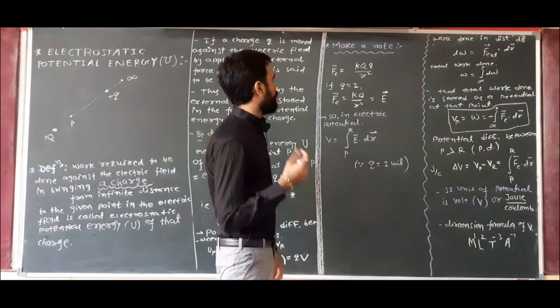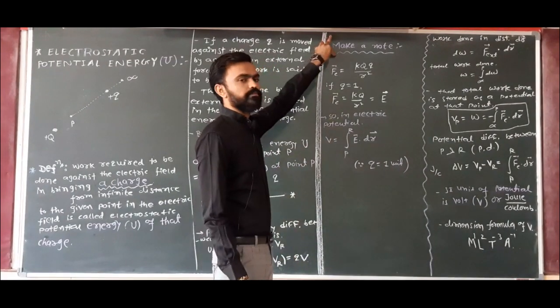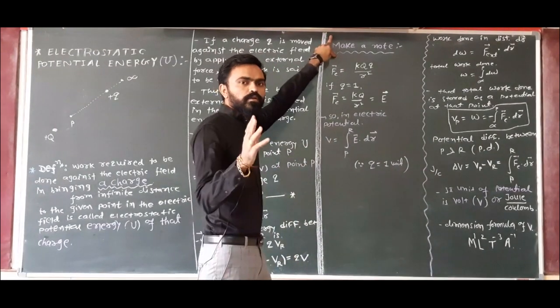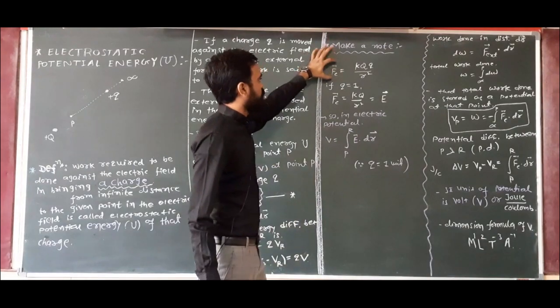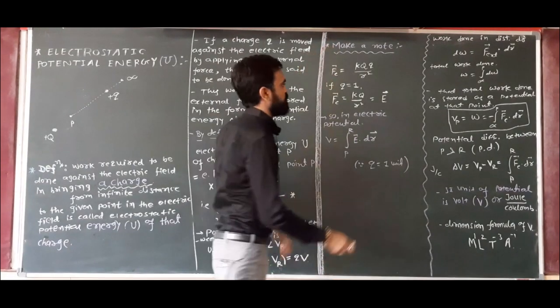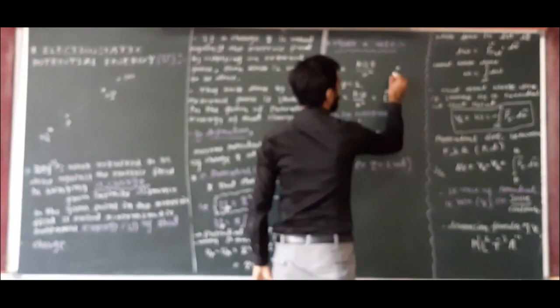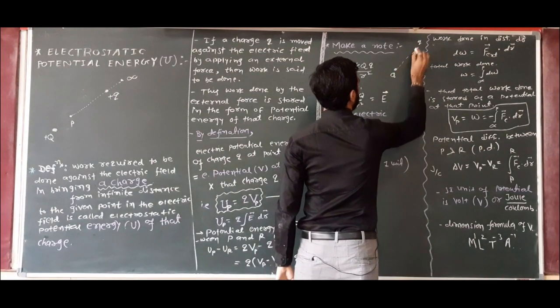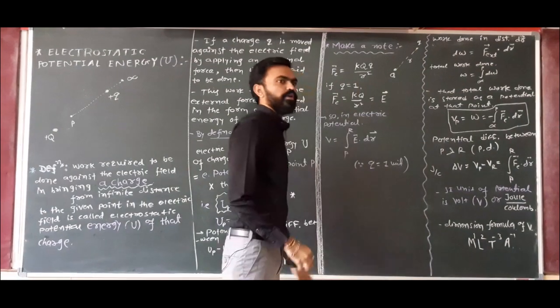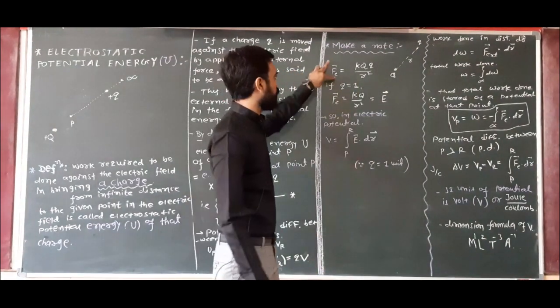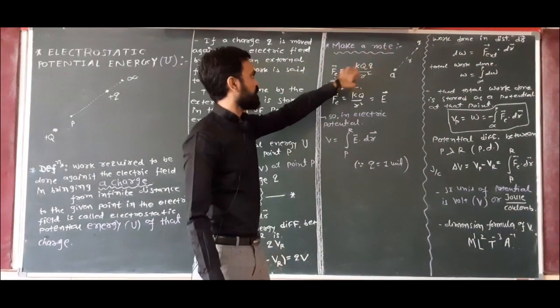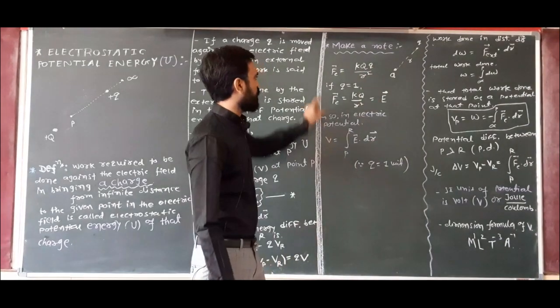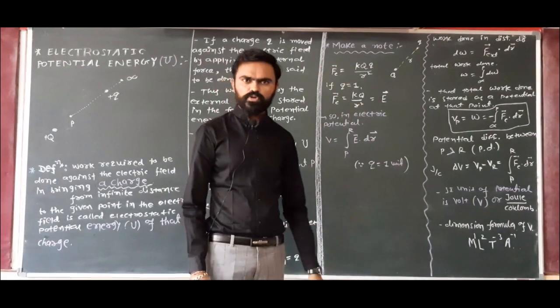Now this is the point to make. What is the force between two charges? We use capital Q and small q, and the distance at the end point is r. The force exerted between these two charges is kQq upon r square. Let q be the test charge first.